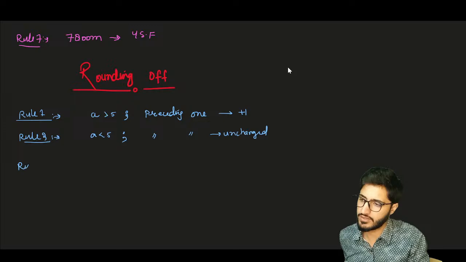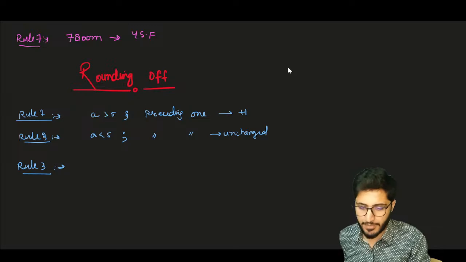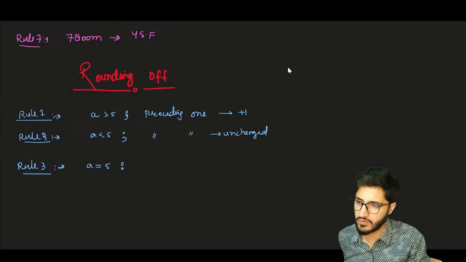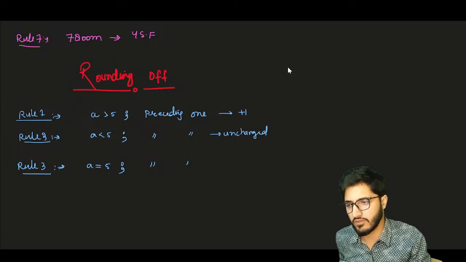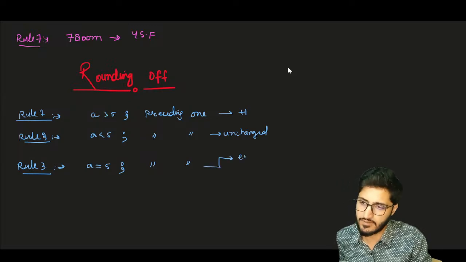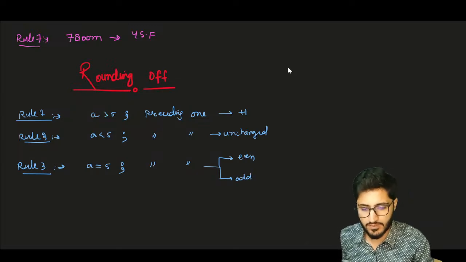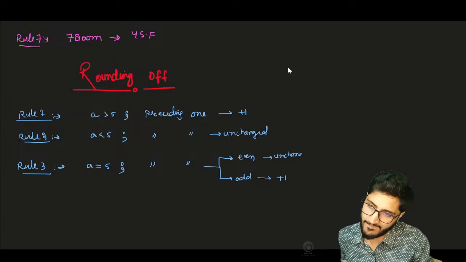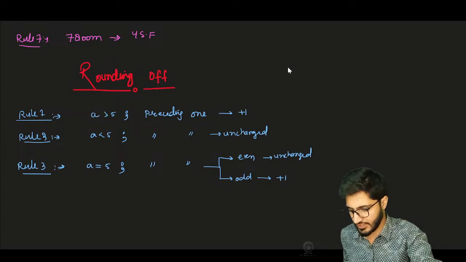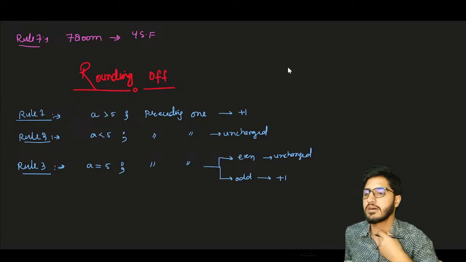Rule number three: if my digit is equal to 5, look at the preceding one, which could be even or odd. If it is odd, then plus 1. If it is even, unchanged.